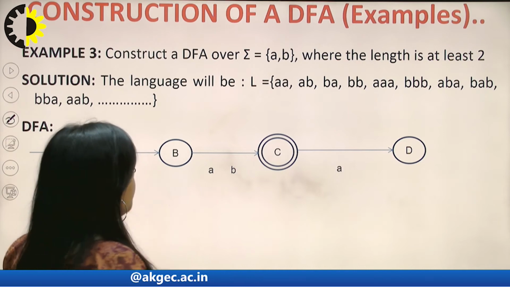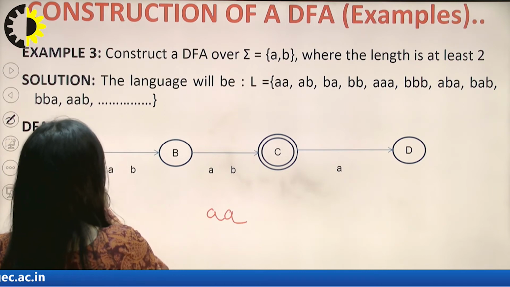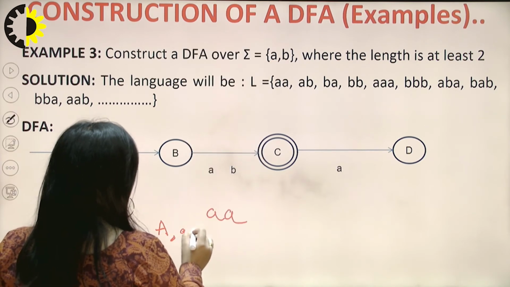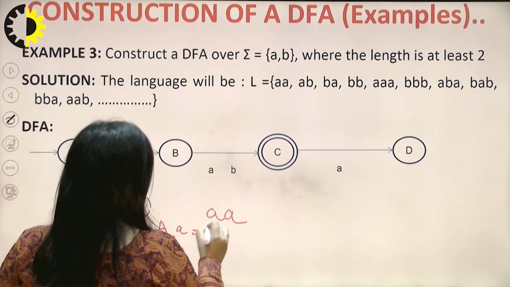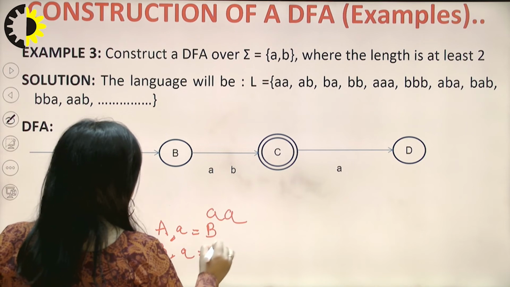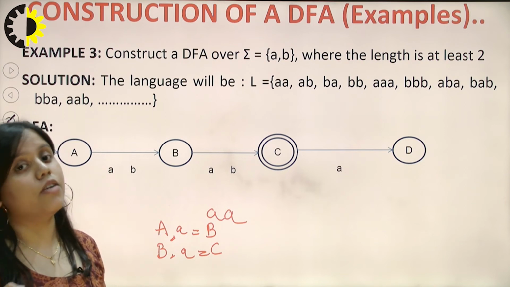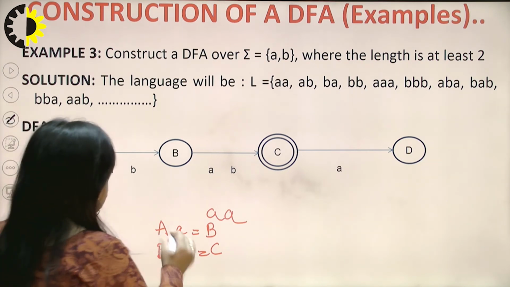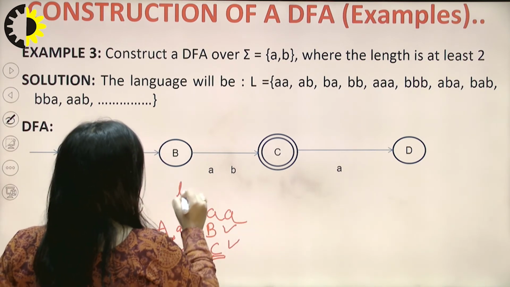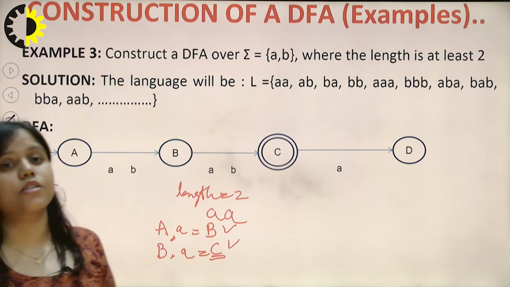So that means if I pass a string called A, capital A after taking input as A will reach to state B. B after taking input as A will reach to point C. So this is how A comma A produces B and B comma A produces C. So the length of the string gets passed, we reach the final state, and that's how length is 2. Okay, so this is at least 2.